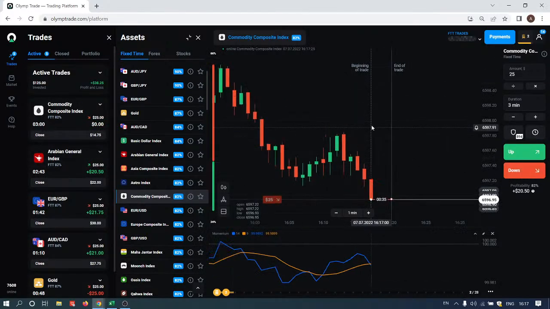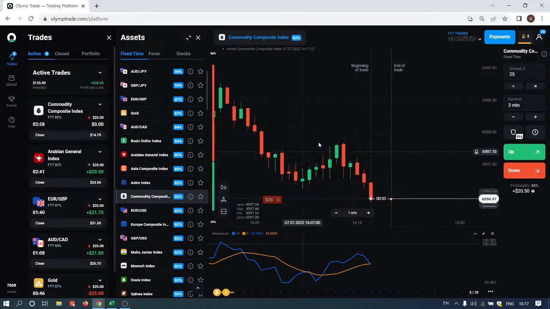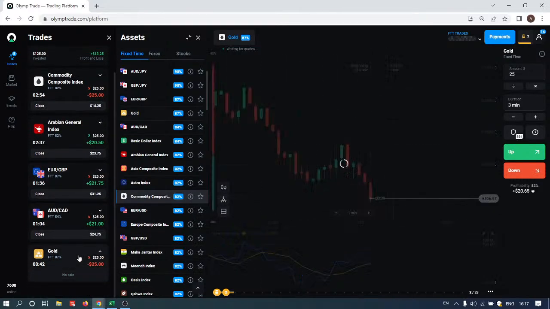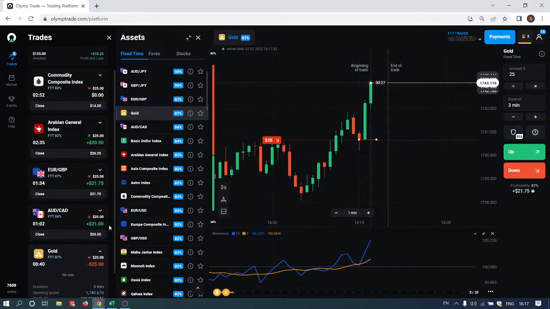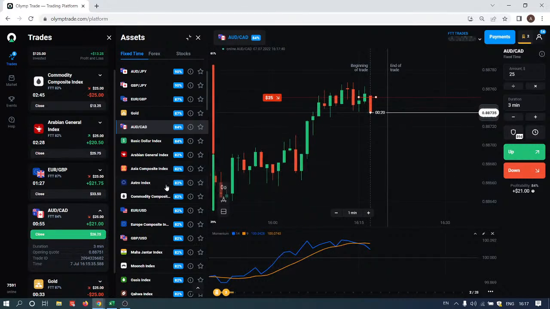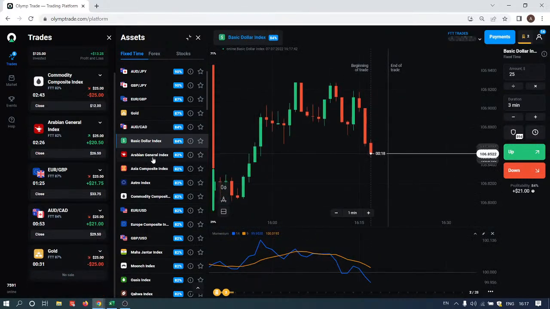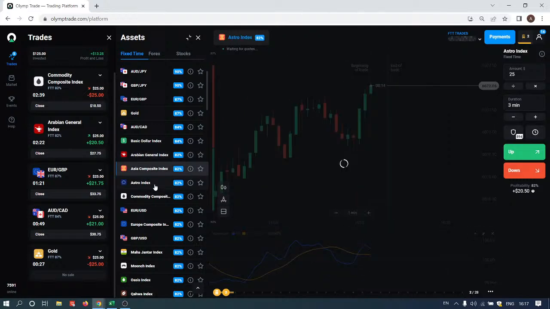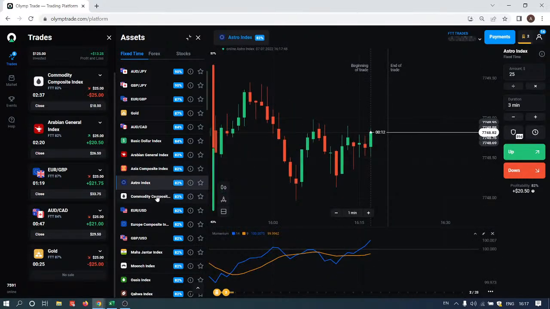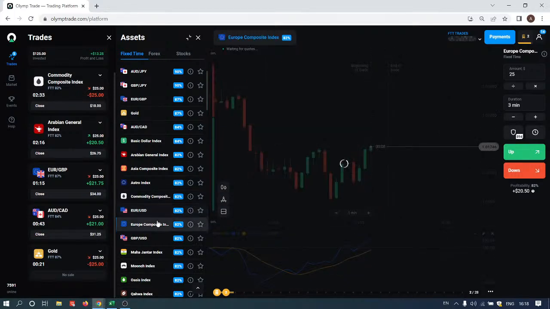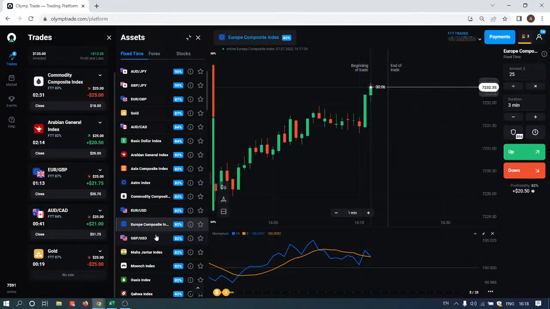There is no definition of these pro indicators. What matters is how you use them and whether they help you identify good signals, good entry points, and help you make profitable trades. So it all comes down to profitable trades and closing your month with a profit instead of a loss. That is the most important thing with trading.